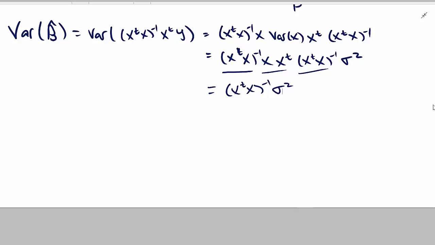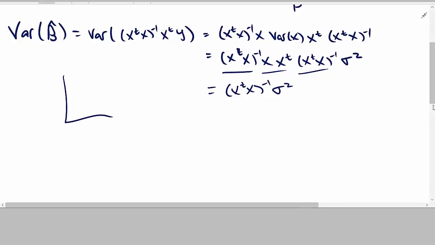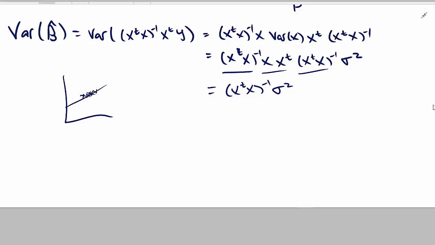That makes a lot of sense. If you want to estimate a line really well, and you collect x's in a very tight little ball, you're not going to be able to estimate that line very well. But if you collect x's all along the line, in other words, the variance of x is very large, then you're going to be able to estimate that line with greater precision.